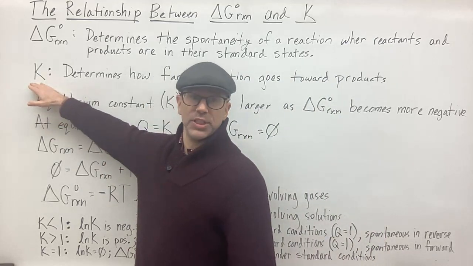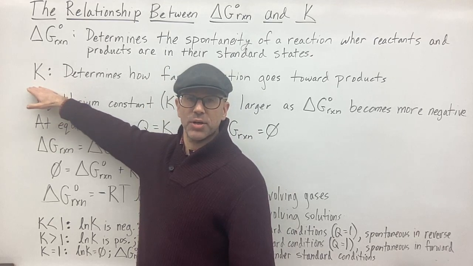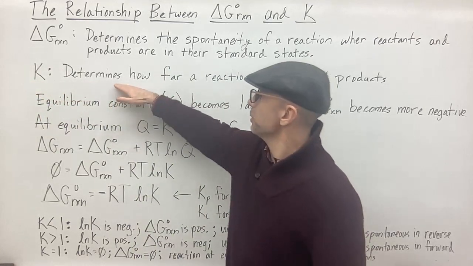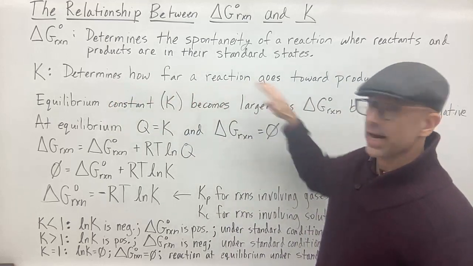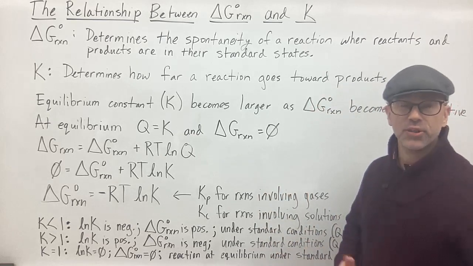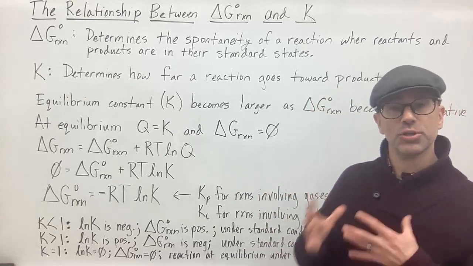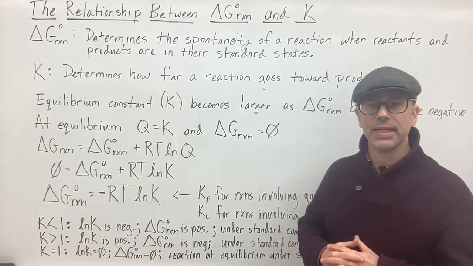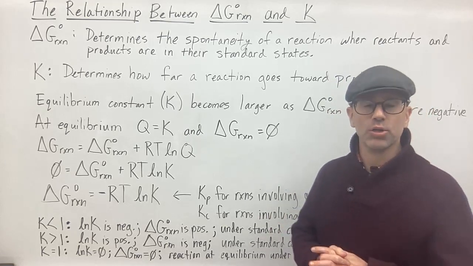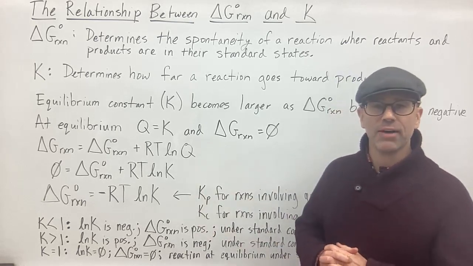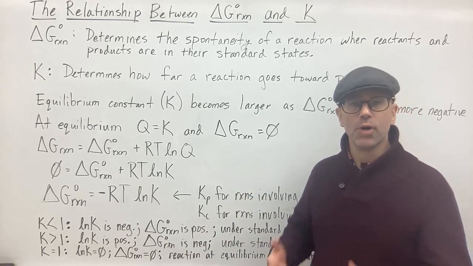The K, which is your equilibrium constant, determines how far a reaction will go towards products. So you can see right away that these two should be related to each other, because if we're looking at the spontaneity of a reaction, we're looking at how far that reaction is going to go towards products.